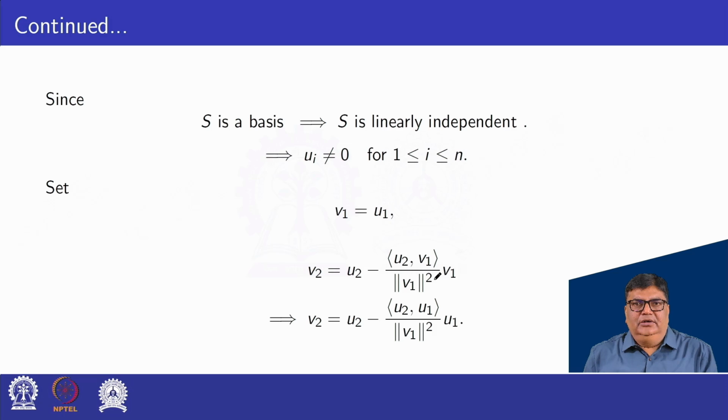Okay, and V1 = U1, that is V2 = U2 minus the inner product of U2, U1 upon norm of V1 squared, into U1. Okay, because V1 = U1.